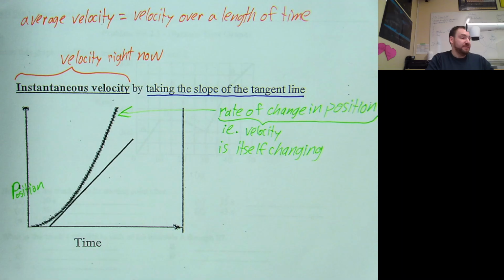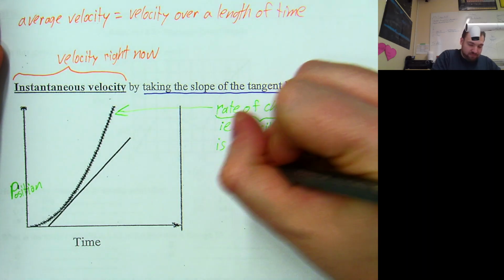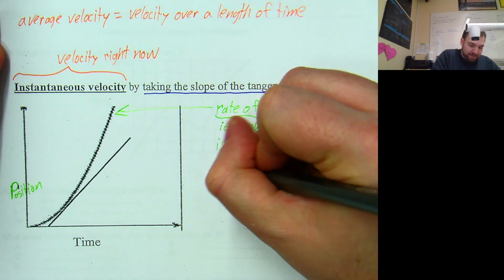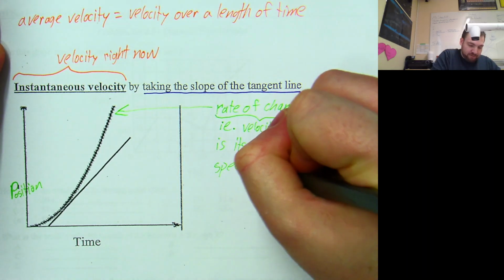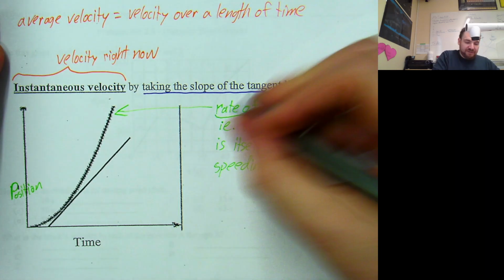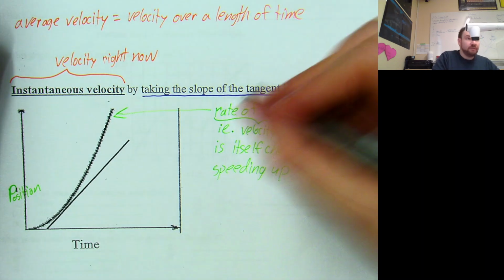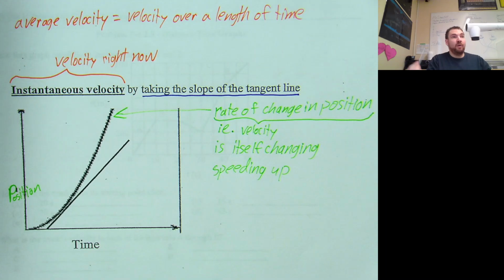Sorry? It's moving. Tell me more. Its speed is doing what? It's going up. So it's speeding up. In this case, speeding up. We haven't talked about it yet. But speeding up means you are what? Big A-letter word. You're accelerating. Thank you.